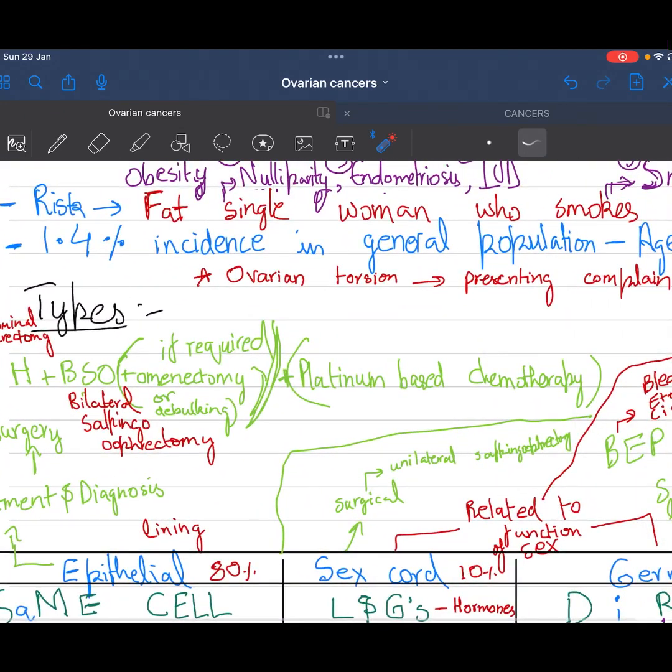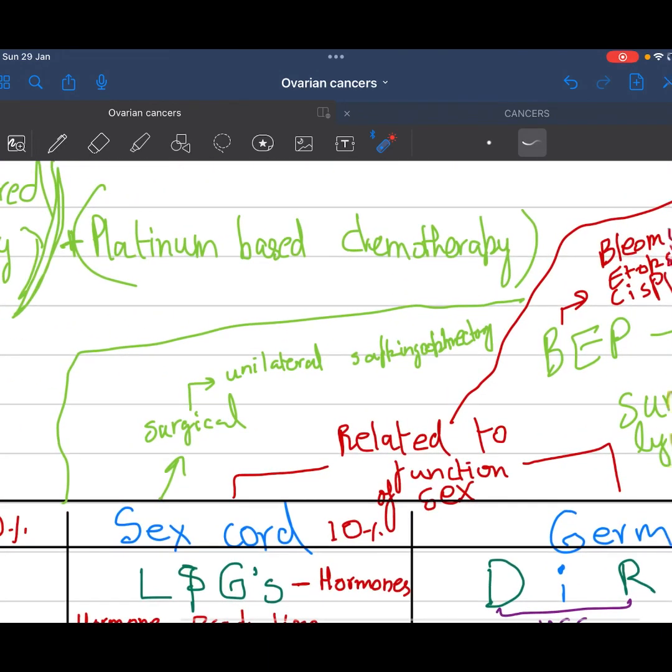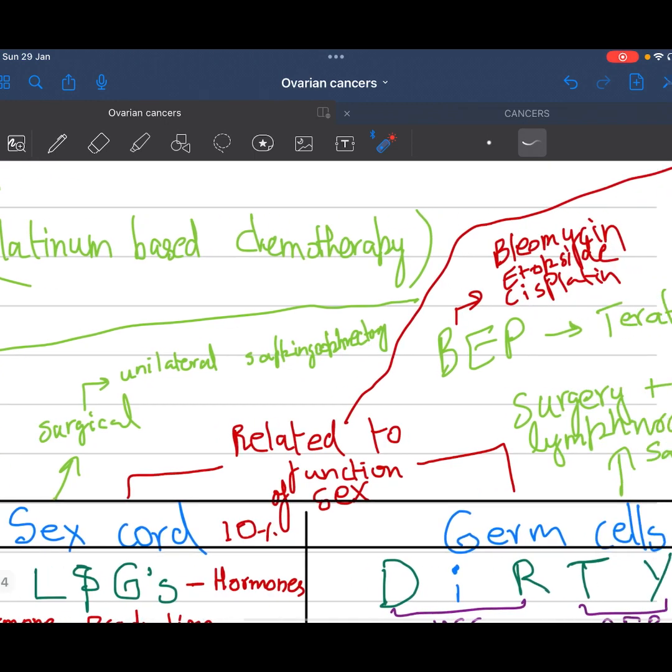For epithelial tumors, the diagnosis and treatment is mostly surgery, and the treatment option is total abdominal hysterectomy plus bilateral salpingo-oophorectomy, which is the treatment of choice in most cases. But if omentectomy or platinum-based chemotherapy is required, then it is given. Similarly, for sex cord tumors, there is unilateral salpingo-oophorectomy, and it mainly depends upon the condition or the grading of the tumor.